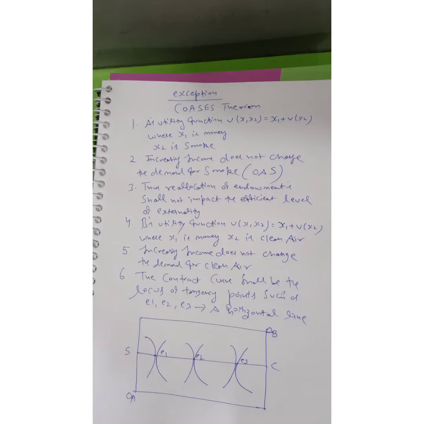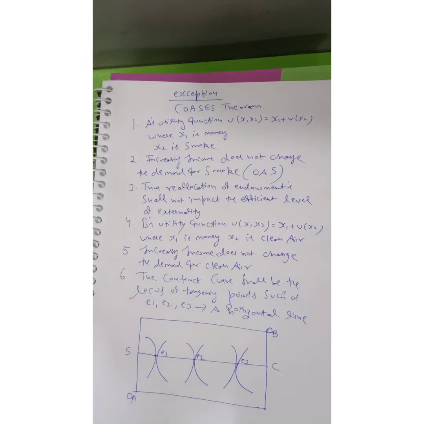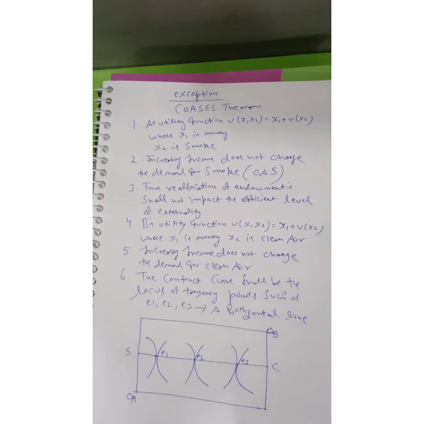Now suppose we have got A as having a utility function as x1 plus vx2, where x1 is money and x2 is smoke. Now, if you look at this utility function, you will quickly notice that it's a case of quasi-linear preferences. Now, you must have done it in your third semester, but if you don't remember it, let me give you an idea.